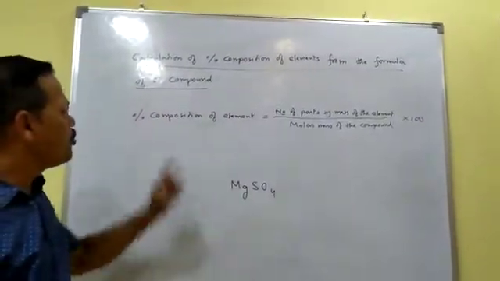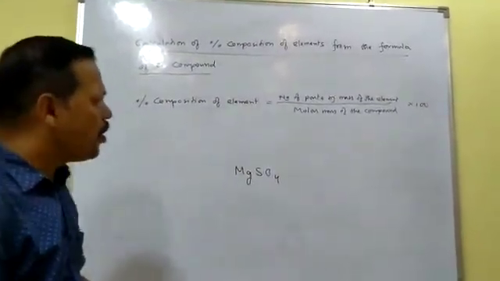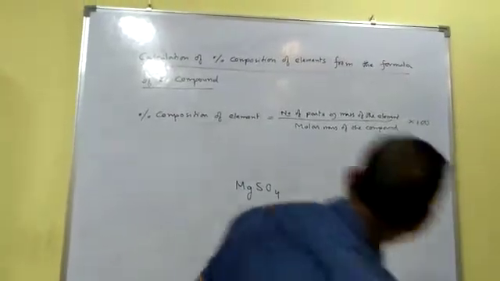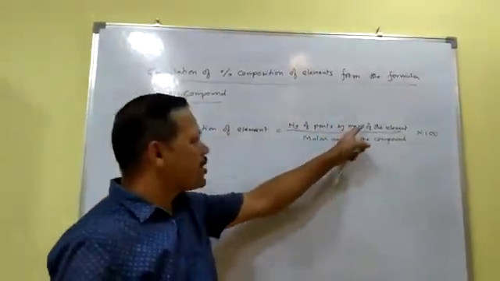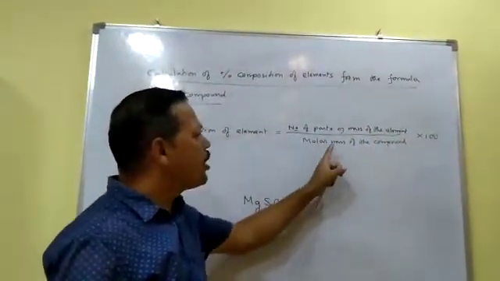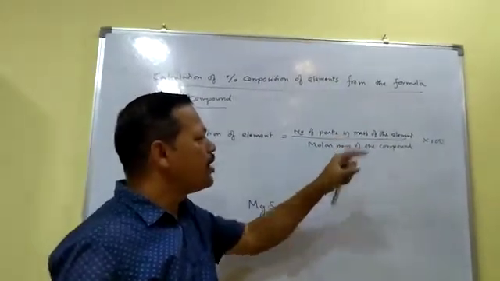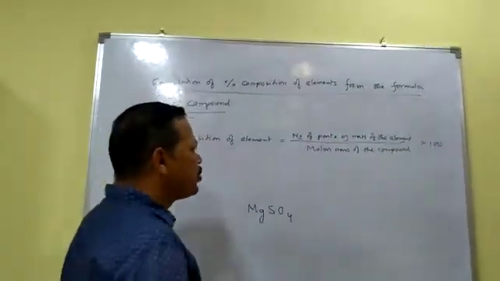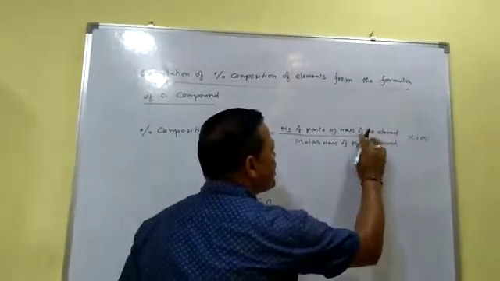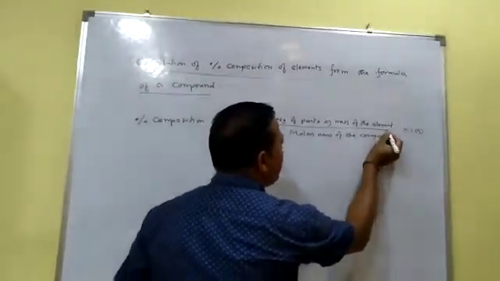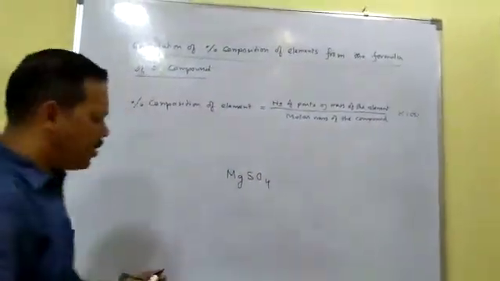This is the formula to determine percentage composition of element. Number of parts by mass of the element divided by molar mass of the compound, whole thing multiplied by 100. So this is the formula to determine percentage composition of different elements present in a compound.